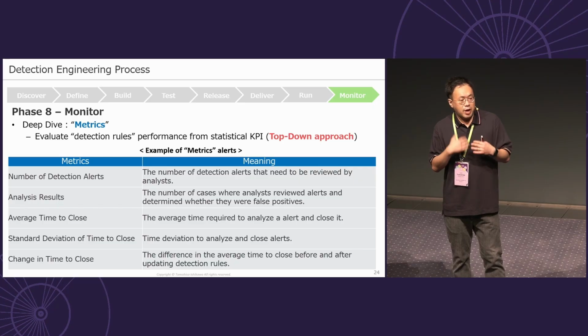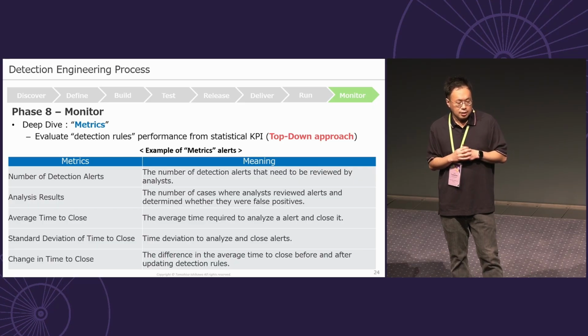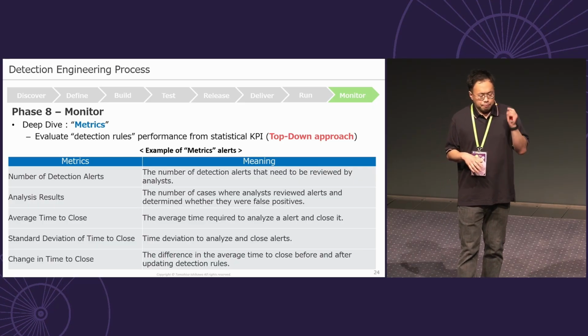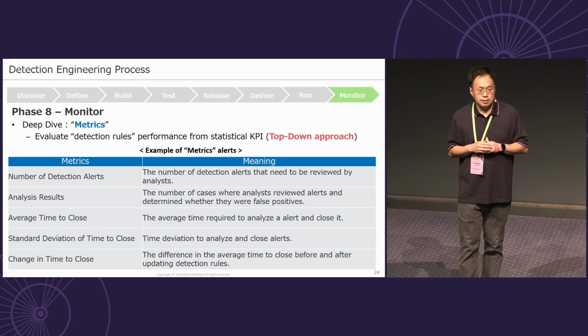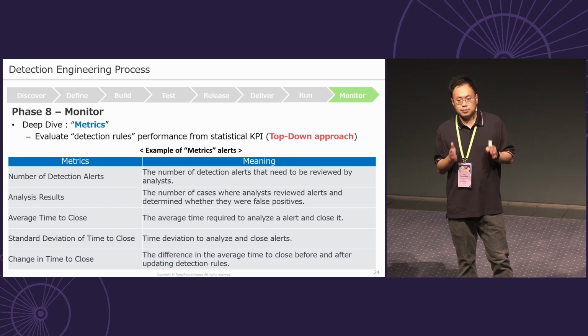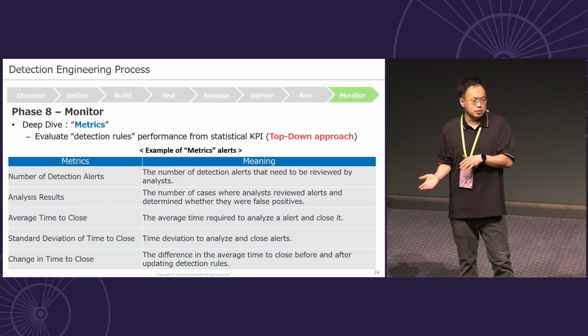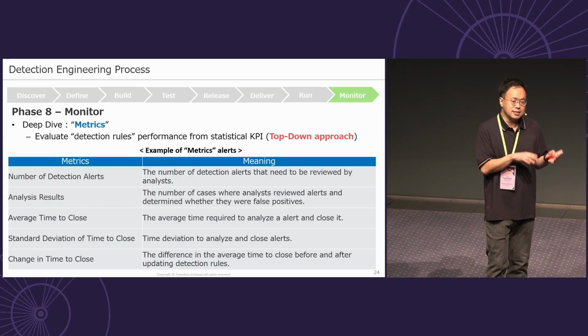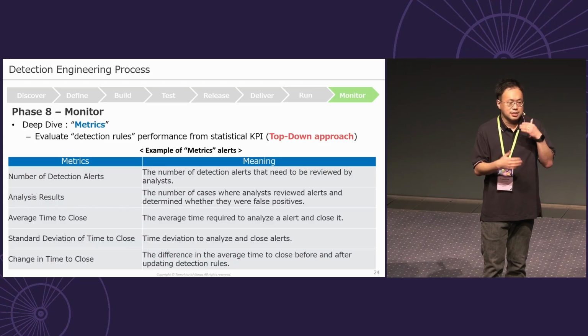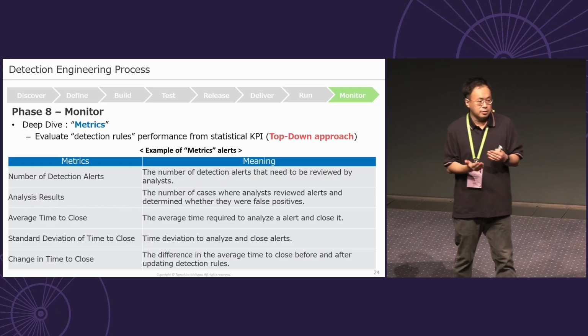There are a bunch of KPIs we have. For example, for analysis results, if you have 100 alerts but all 100 are false positives, it might be that the rule is not good, or maybe we need to improve the rule.